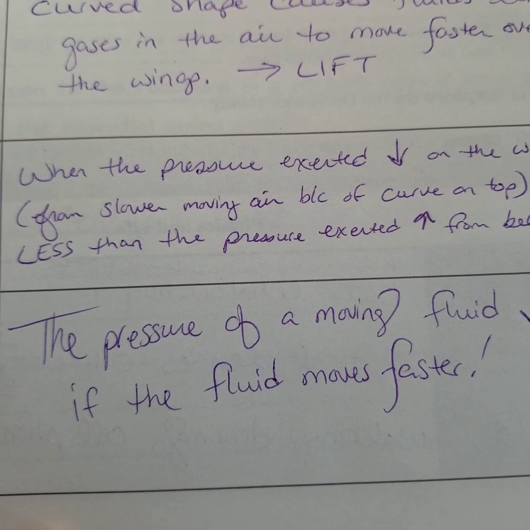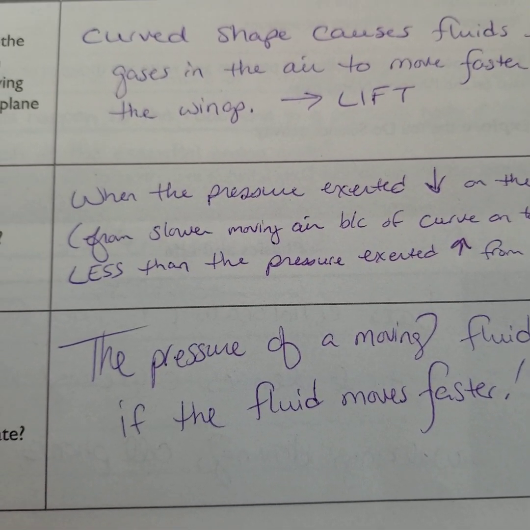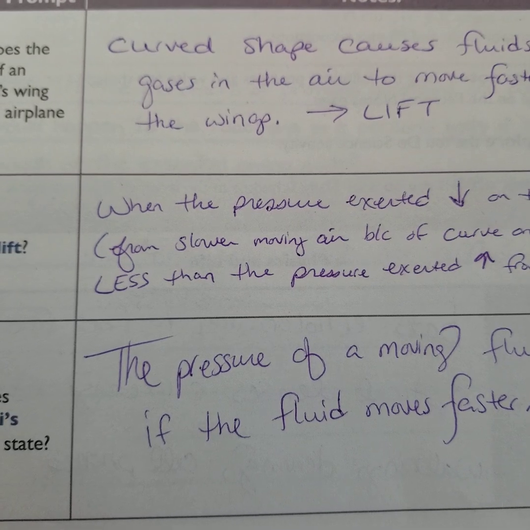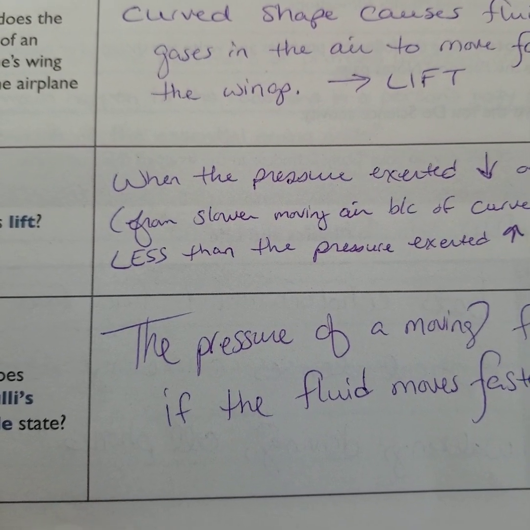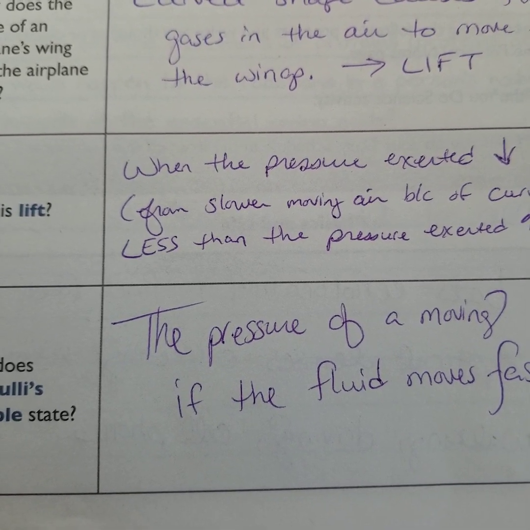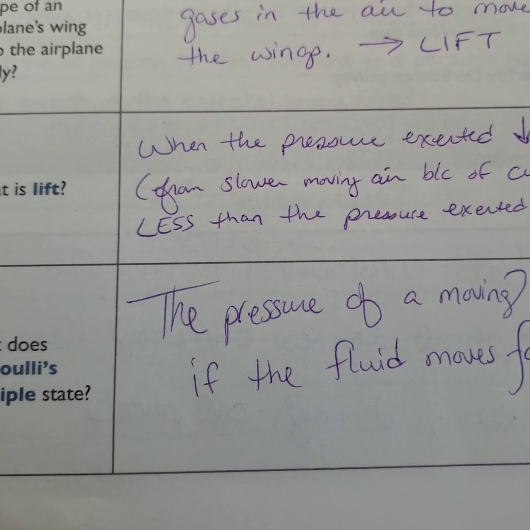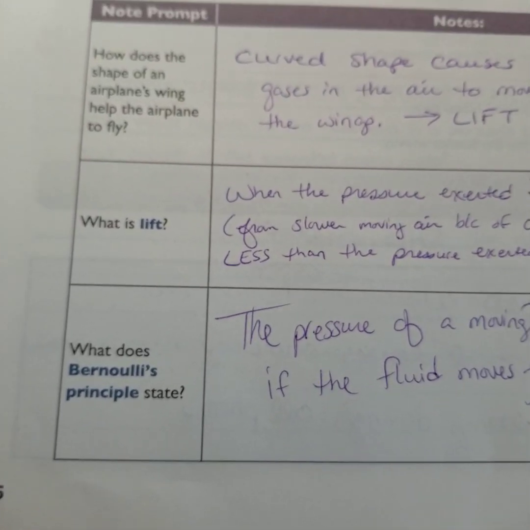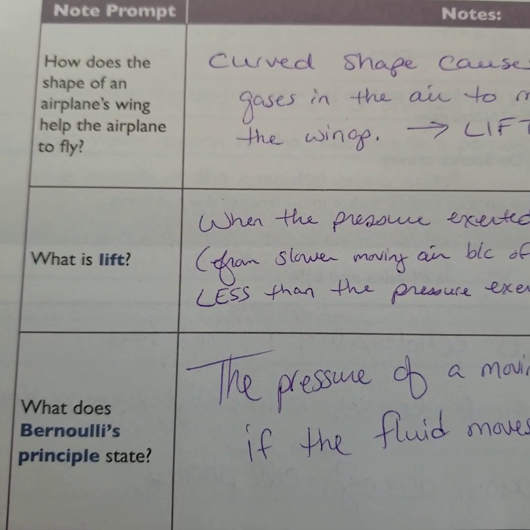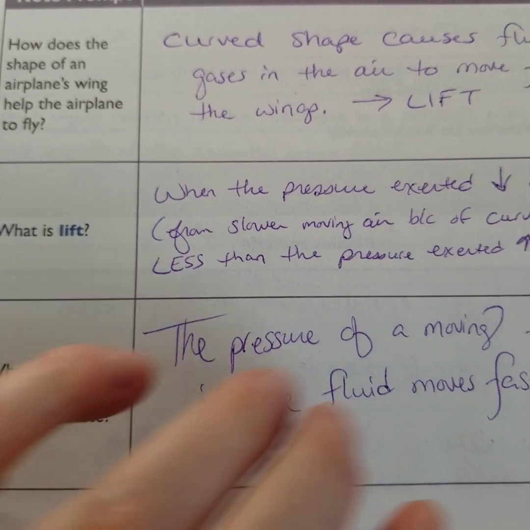That is Bernoulli's principle. So the faster an airplane moves, the more lift there is. When the force of lift is greater than the force of gravity, the airplane is able to fly. Very simple explanation. There's a lot more to it, including some of Newton's laws, it says. But this is physics, and super cool.